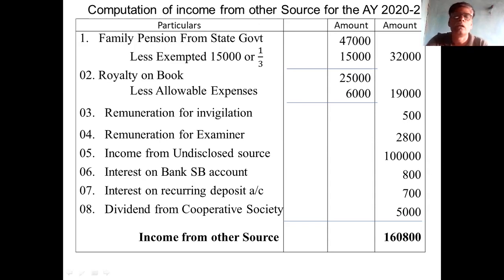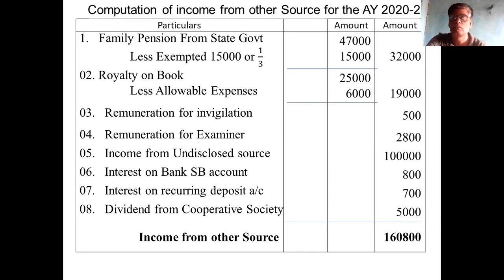And regarding this, you remember accrued interest on NSC is taxable. Interest on NSC received is exempted. That is the complicated term. And one more thing regarding the member of parliament.